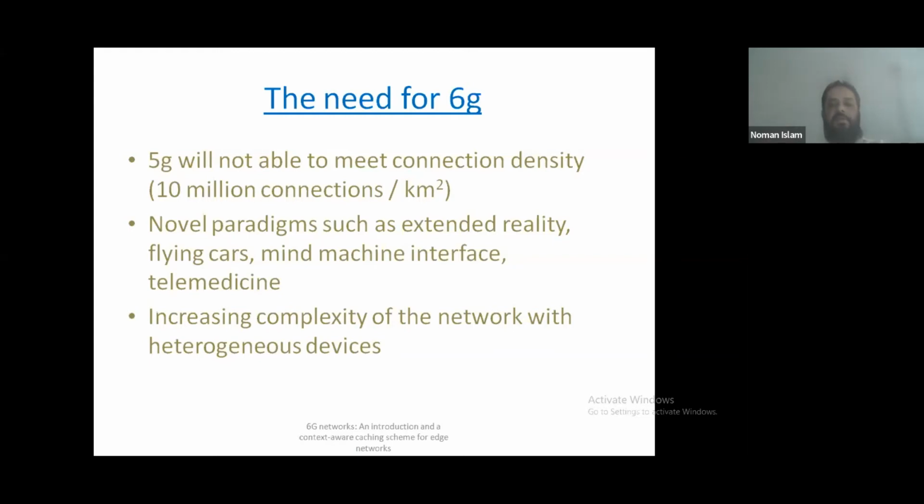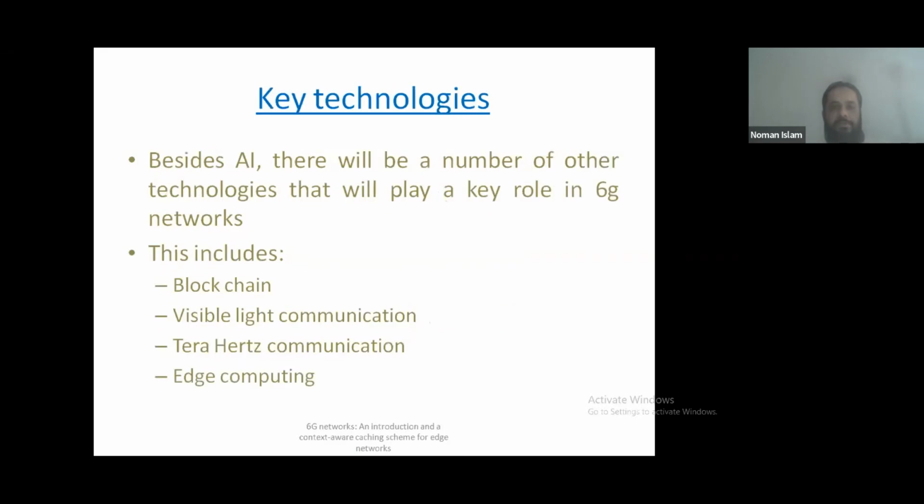So there will be different types of devices in the network which have different complexities. To handle such complexity, we need a new generation. So the key technologies that will be involved in 6G networks are blockchain, visible light communication, terahertz communication, edge computing. So these are some of the technologies.